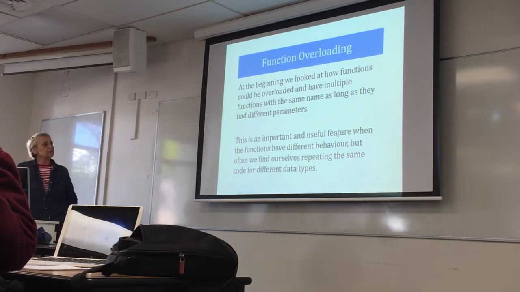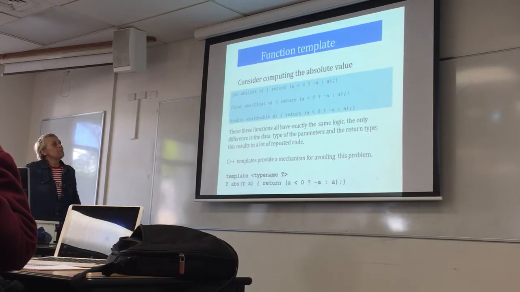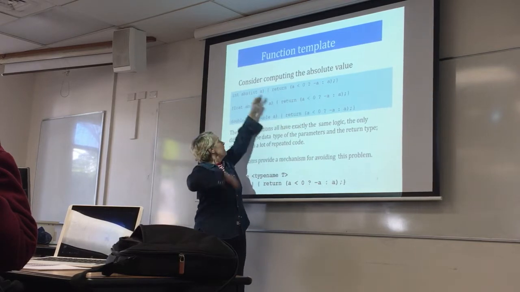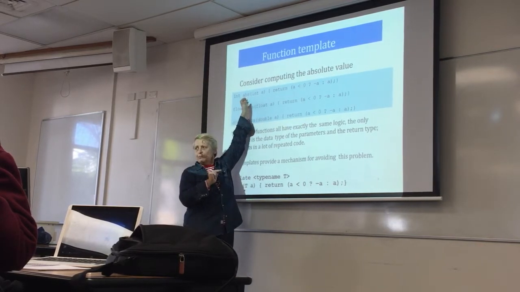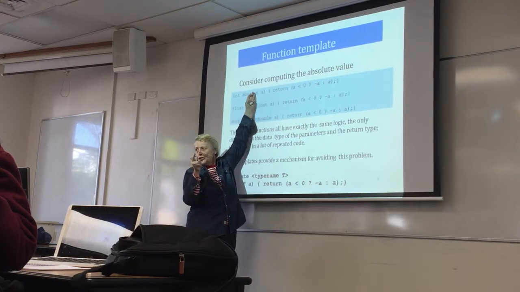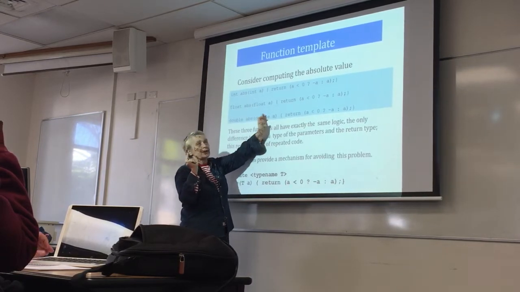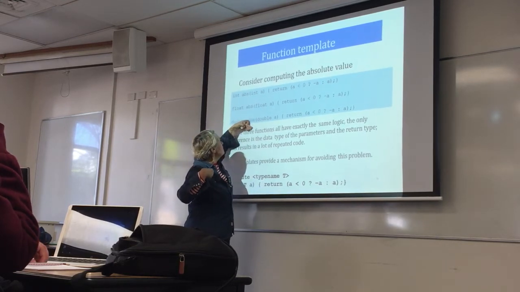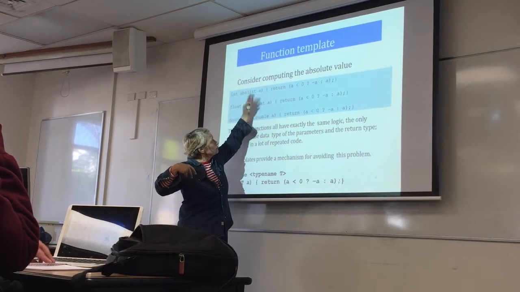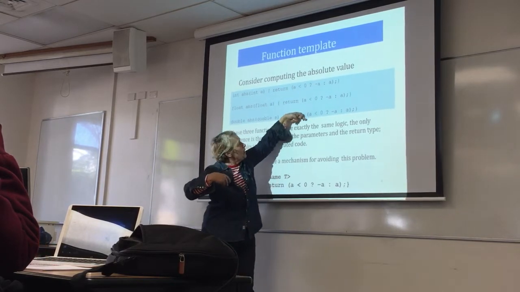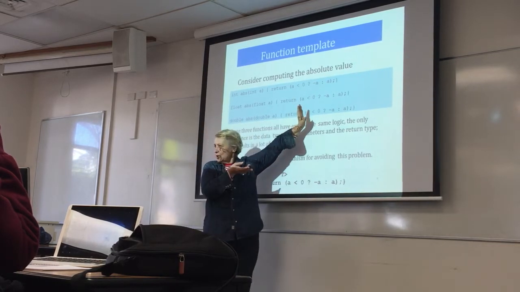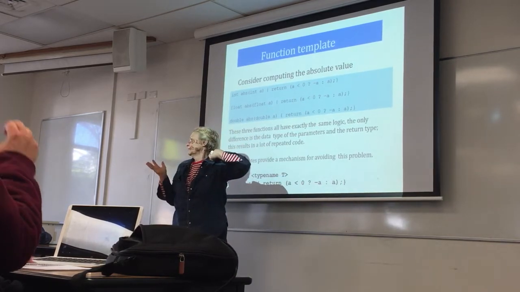It was a useful feature, but as you remember, we still have to write a lot of repeated code. If we consider the absolute function for integers, for float, and for double, okay, we reuse the name, but if we look at the body of the function, we see that the body does not depend on the type.